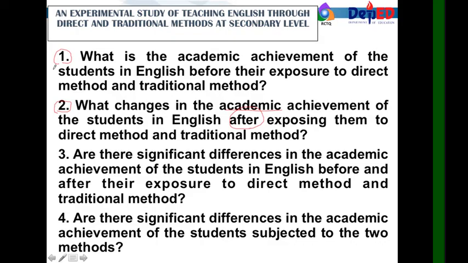Maaring sa study na to, may dalawang grupo ng mga bata na kung saan ang isang grupo ay bibigyan niya ng direct method. Ang pangalawang grupo ay bibigyan niya ng traditional method. Ngayon, bago sila turuan ng traditional method at saka direct method, ano muna yung kanilang performance na maaari nating sabihing pretest.